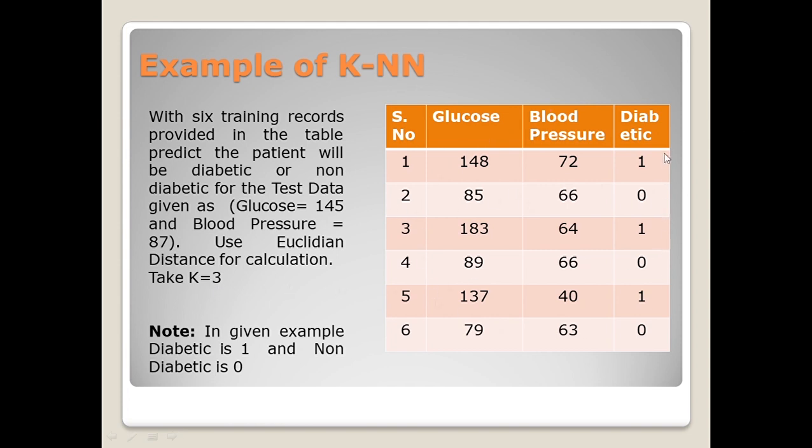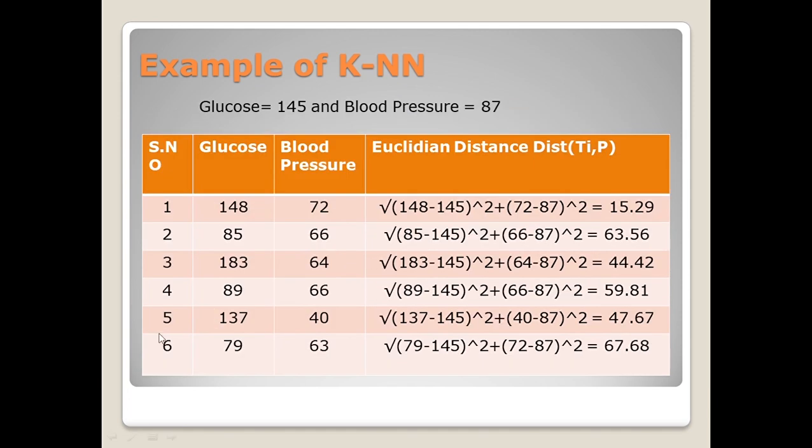In this example, you can see that the field diabetic has a value 1 for the examples which are diabetic and 0 for the examples which are non-diabetic. Euclidean distance between each and every record of the training set and the test set is found. And these are the various values which you are getting.